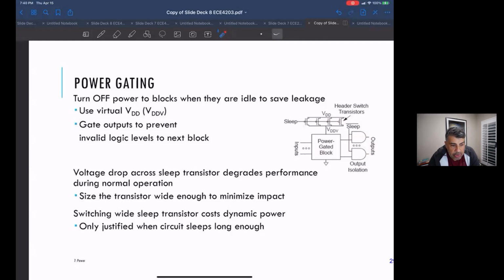And a lot of times you don't have just two modes of operation. You have four or five. You have sleep mode, you have so-called drowsy mode, you have various types of drowsy modes, and you have different states where you're going from some high power mode into your drowsy mode, or some intermediate power mode to drowsy mode to a sleep mode.